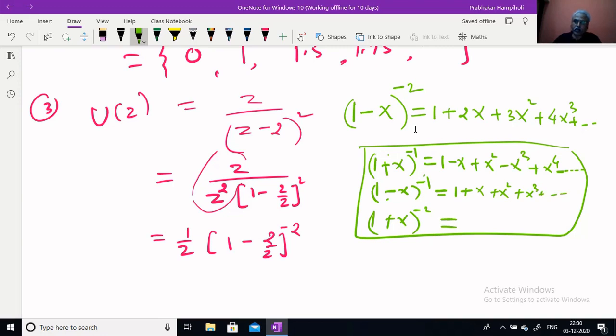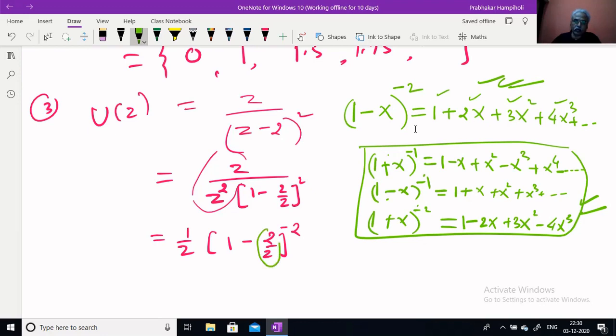The third one, you will get alternatively positive negative. If one of them is plus, one of them is minus, alternatively positive negative. So 1, 2, 3, 4 will be the coefficients, alternatively negative positive, which is 1 minus 2x plus 3x square minus 4x cube and so on. This also you can remember. At present we are going to use this.